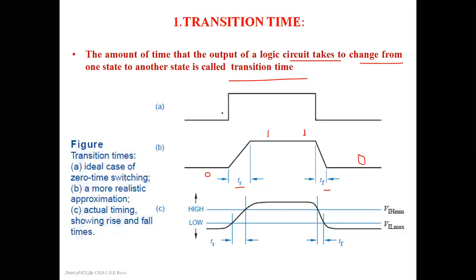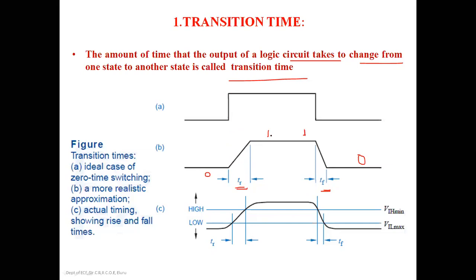In figure A you have an instant change. In figure B the output does not change instantaneously because it takes a certain time, called the rise time, and another time called the fall time. So what is the rise time and what is the fall time? The rise time is the time required to change the output from the low state to the high state.